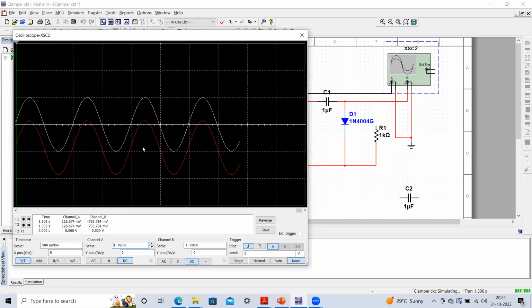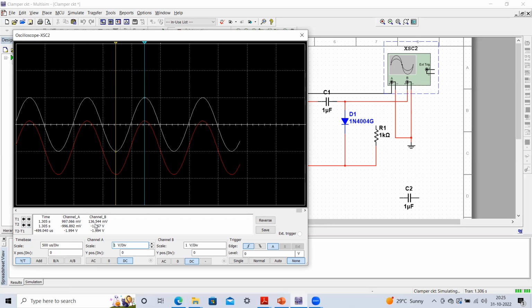Now you can calculate what this peak value will be, even from the waveform only. You can measure these values. You can bring out these pointers and then measure these values. Here you can see pointer number 1 at T1, and this red one is connected to channel B. So here you can see this reading.